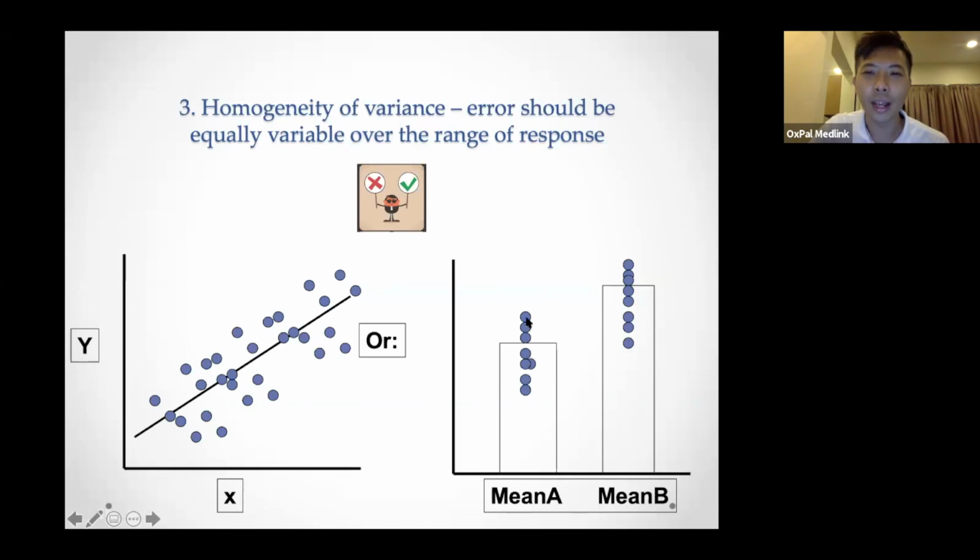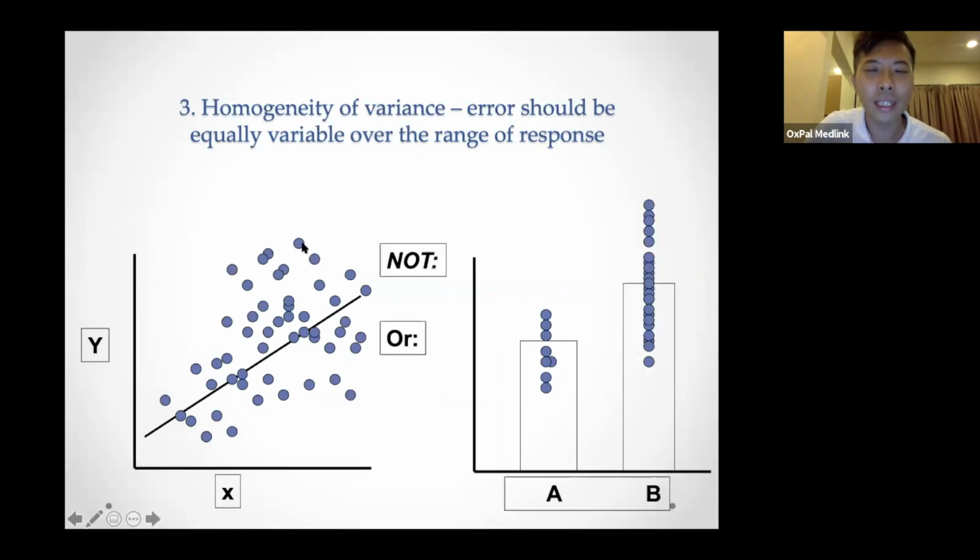So the vertical length here of mean A is the same or similar to that of mean B. This is true. This is a good representation of homogeneous variance. However, this is not good. As you can see, as X increases, the variation of Y increases. Similarly, the variation for B is larger than that of A.